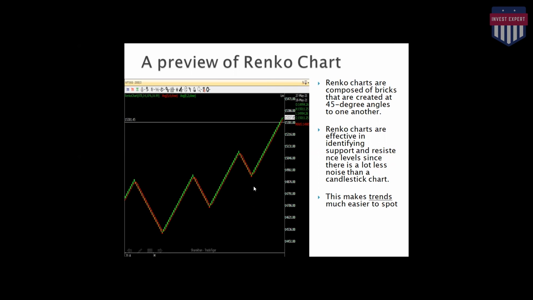The only important thing to remember is that each brick is not formed on the basis of a particular time interval.